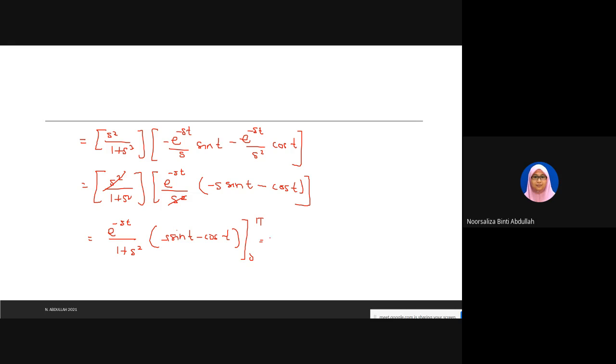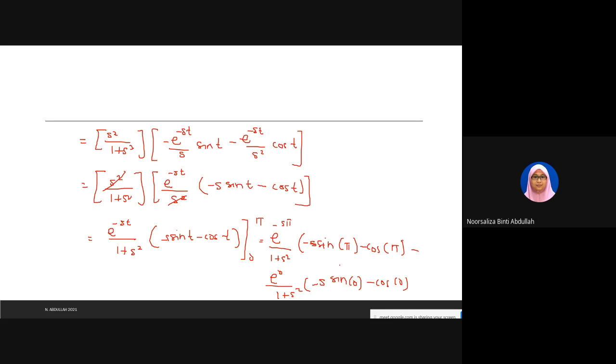You will get exponent negative S pi over 1 plus S square, here will be minus S sin pi minus cos pi, minus exponent, you replace T with 0, so exponent 0 over 1 plus S square negative S sin 0 minus cos 0.